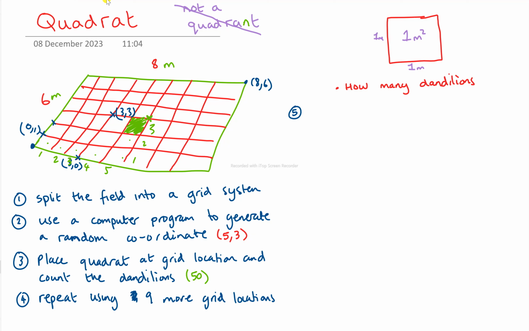Let's put the numbers down. The first one was 50. The next one was 13, because it might have been right on the side where it's worn out. Then 17, 25, 35, 19, 27, 16, and another 45.